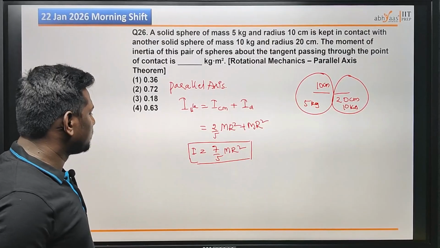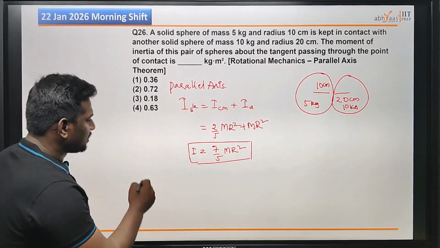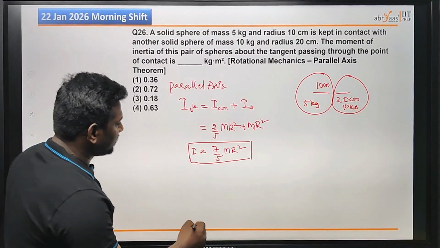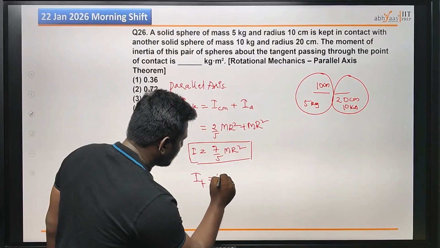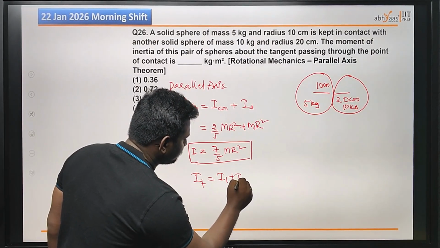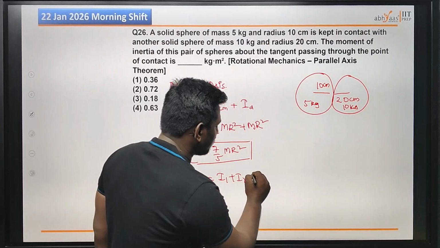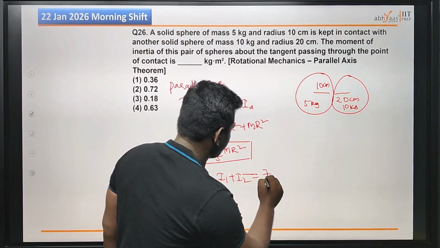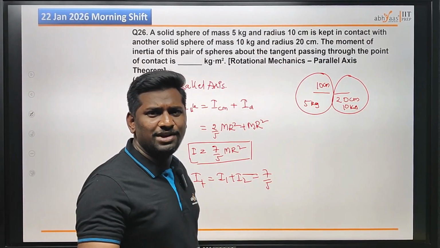So for this condition you have to find total moment of inertia. For total moment of inertia, I total equals I1 plus I2. So from this you can write 7 by 5 mr square, 7 by 5 mr square.